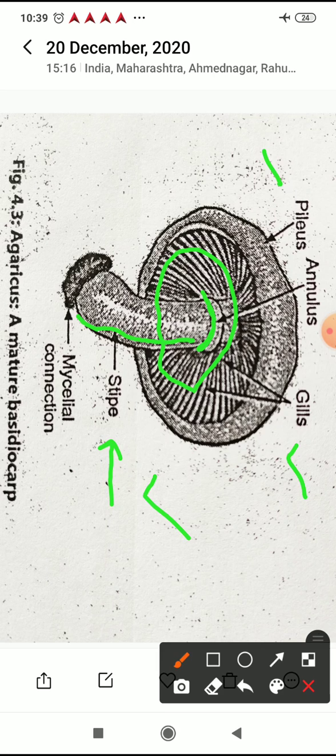When the pileus expands, there is detachment of the velum from the stipe, and the remaining portion is called the annulus. So the mature basidiocarp, the fruiting body of Agaricus bisporus formed as a result of sexual reproduction, is in front of you.